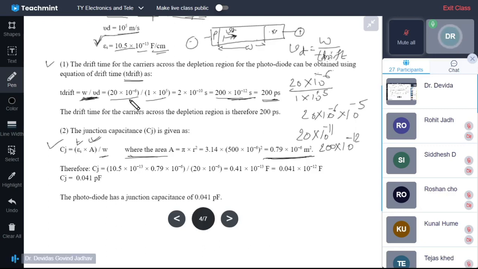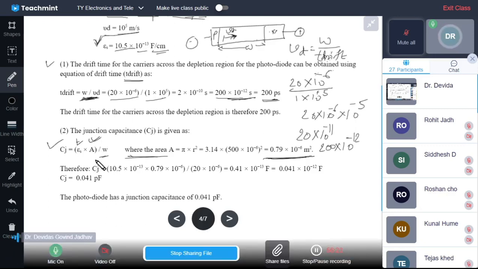Now we can substitute this into the Cj equation. Cj is equal to epsilon, which is 10.5 into 10 raised to minus 13 farad per centimeter, into 0.79 into 10 raised to minus 6, divided by 20 into 10 raised to minus 6, the width. So 0.41 into 10 raised to minus 13 farad.